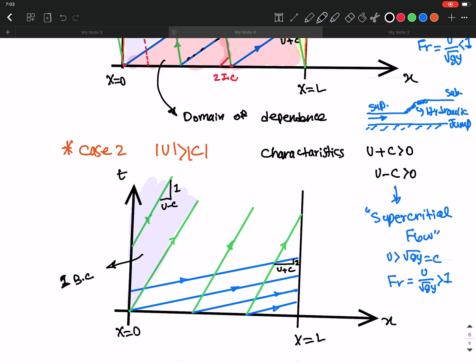So here you don't need any initial conditions, unlike the other one. You just need two boundary conditions, which are these boundary conditions on the left.